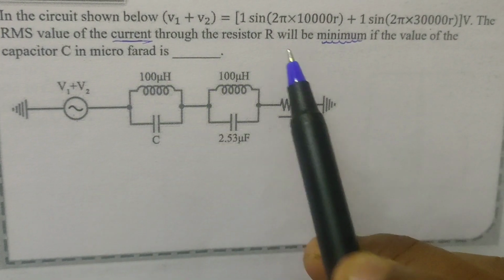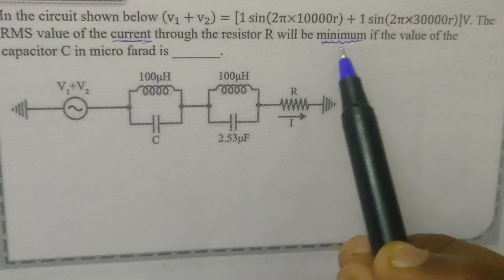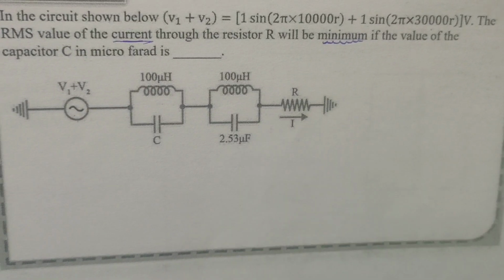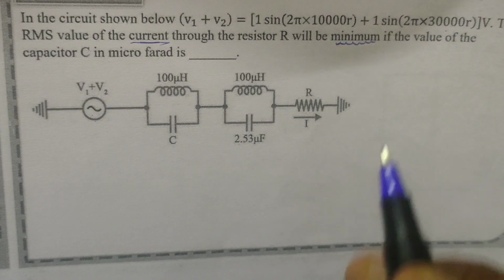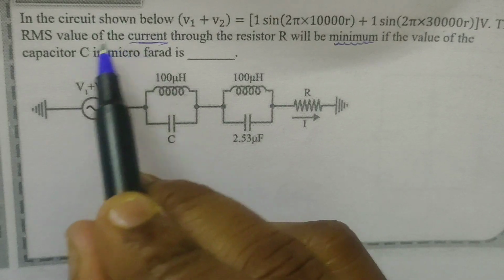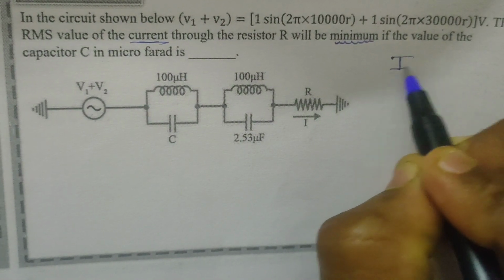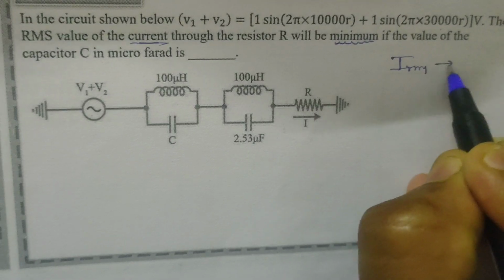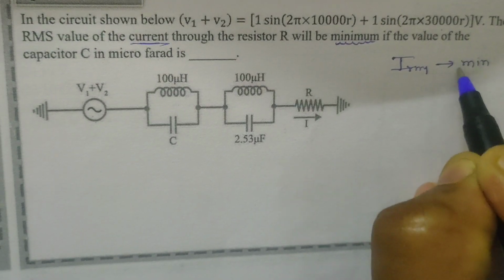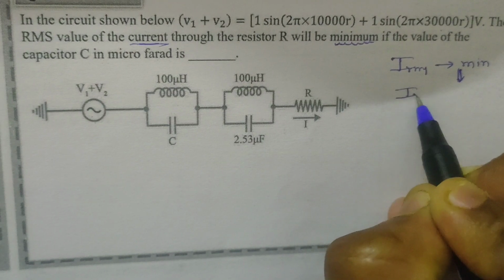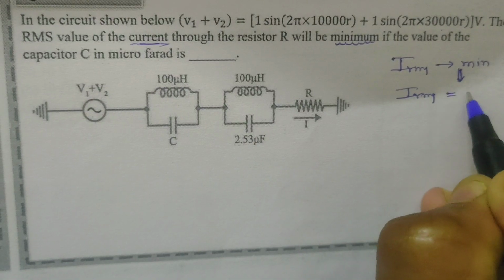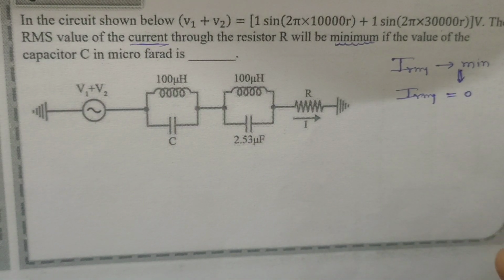Current through the resistor should be minimum, meaning impedance should be maximum. Here it is given that the RMS value of current through the resistor is minimum, which implies I RMS is equal to 0.